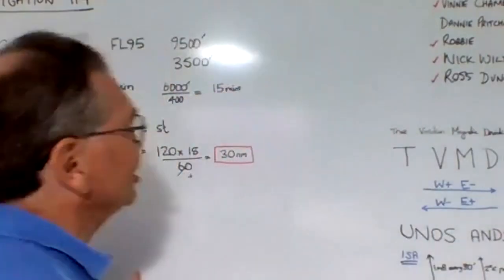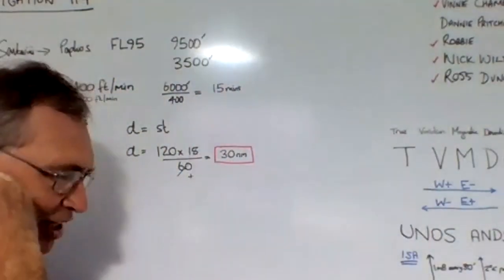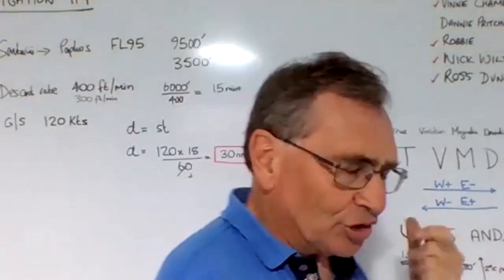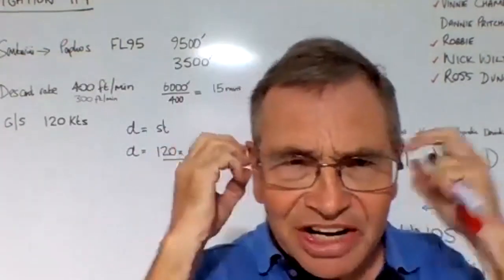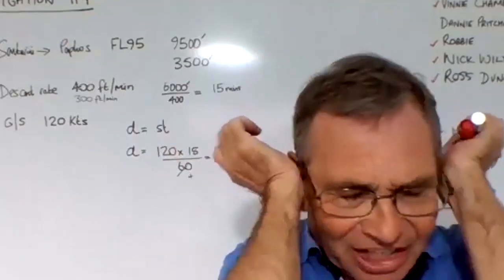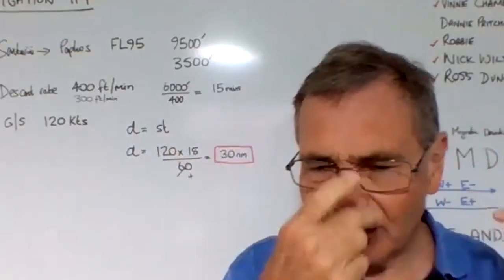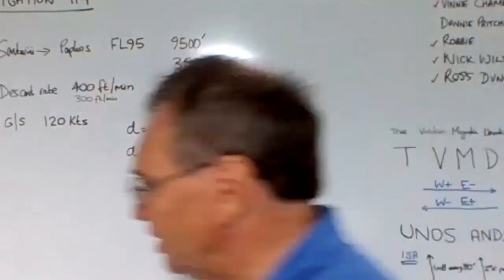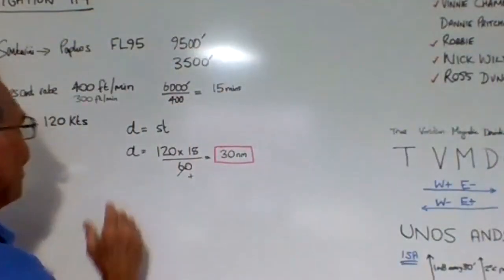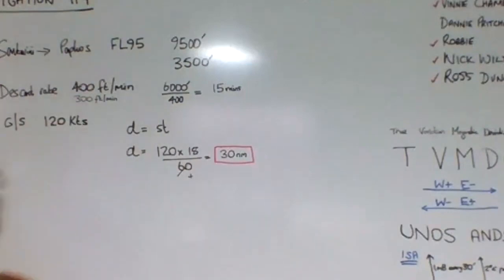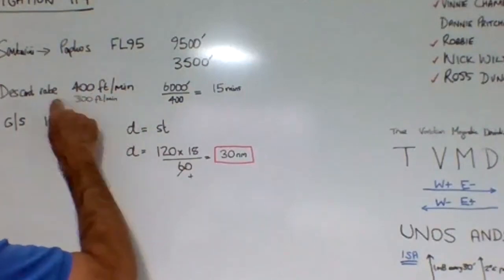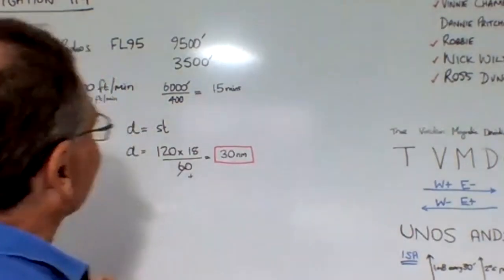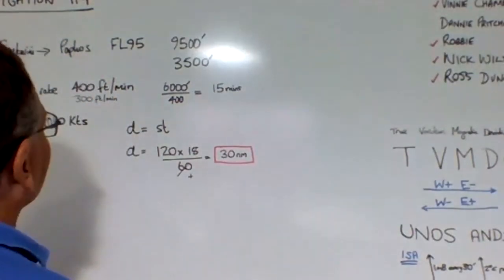Descending at 300 feet a minute. 500 feet a minute is for long, that's when your ears keep going pop and you have to keep clearing your ears all the time. But most commercial passenger jets nowadays are looking more like 350 feet, which of course is a much more friendly rate of descent.